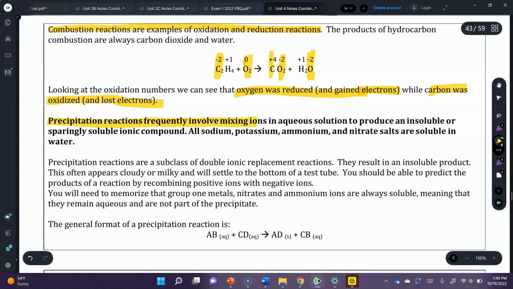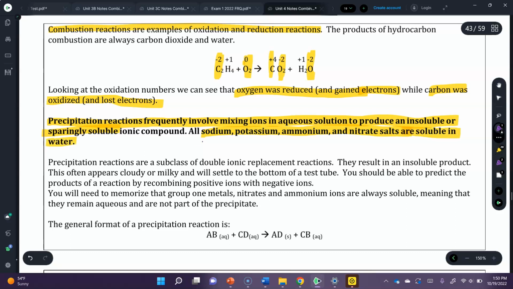Precipitation reactions frequently involve mixing ions in aqueous solution to produce insoluble or sparingly soluble ionic compounds. Sodium, potassium, and ammonium nitrate salts are soluble in water.